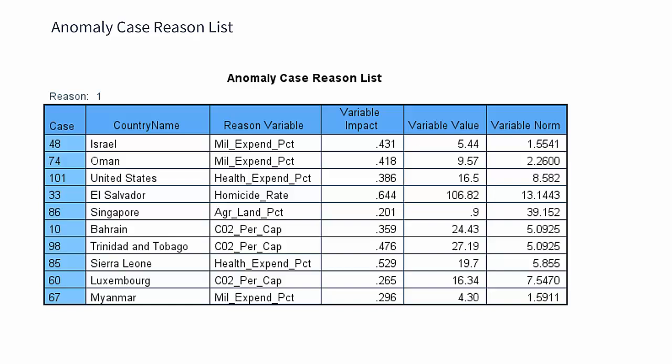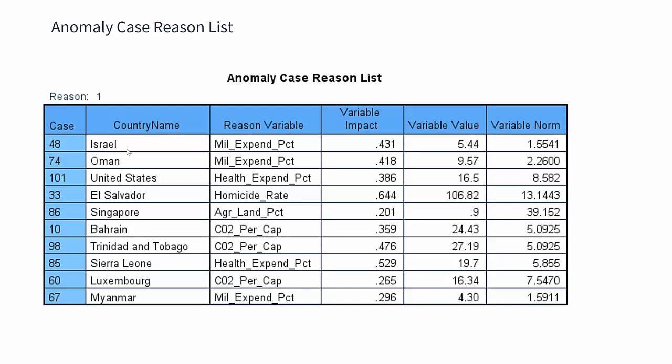Now moving on to the anomaly case reason list, which is the next piece of output, we're showing a very important table here. This is showing us what fields are driving the anomaly score for these 10 different countries, and we can see that these fields are identified as the reason variable.